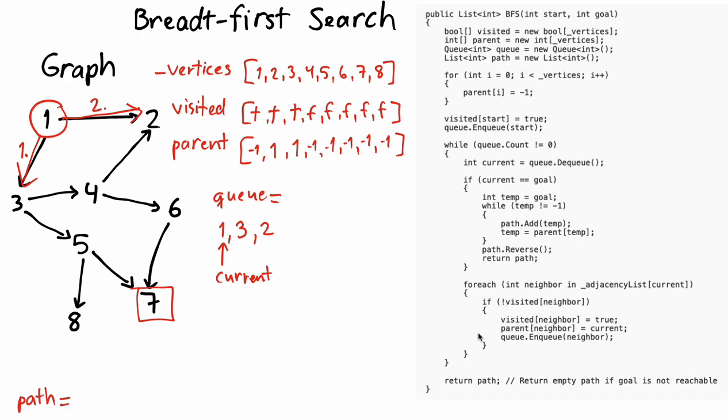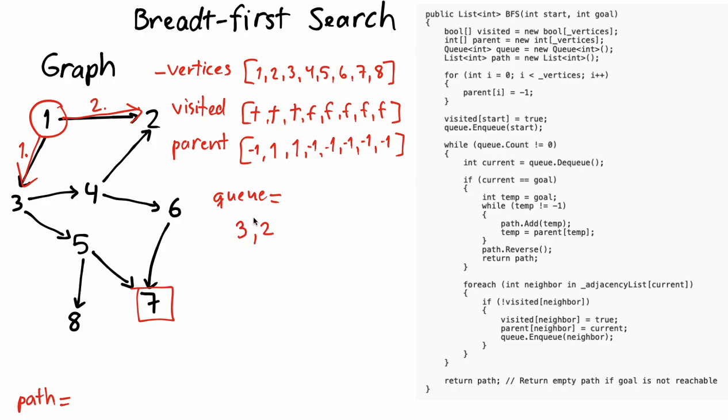Now we have done everything here, and at the beginning we dequeued that number 1, but I am going to do it now, because we need that value to show here. But we went into this while loop and we start again here.